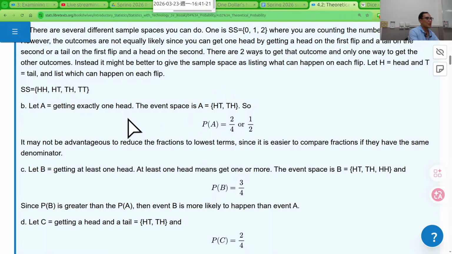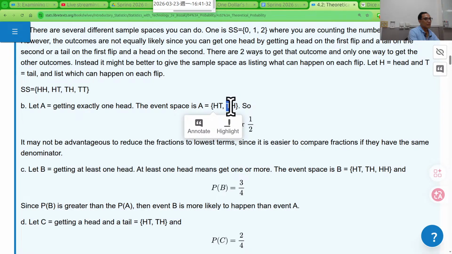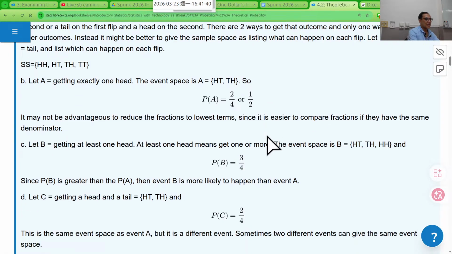According to question B, exactly 1 head, there are 2 outcomes: head-tail and tail-head. Thus, the theoretical probability is 2/4. That's 50%.